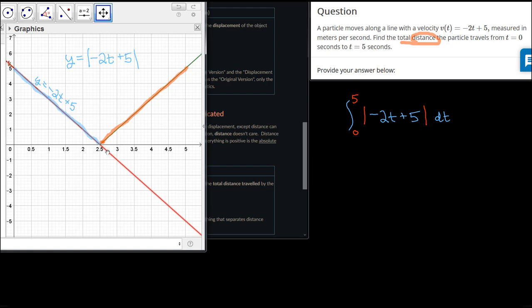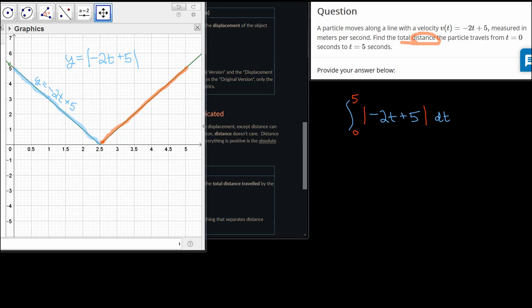But as soon as we get past 2.5, then we're in trouble, because the absolute value is going to take this negative number and do something to it. So for as long as x is between 0 and 2.5, we can just pretend the absolute values aren't there.